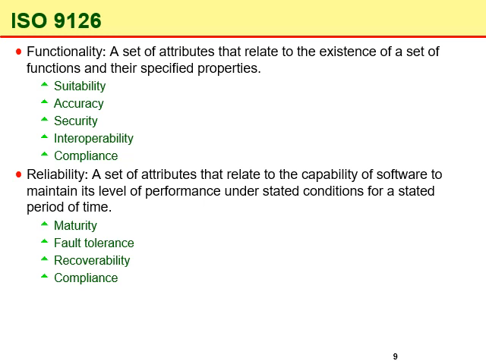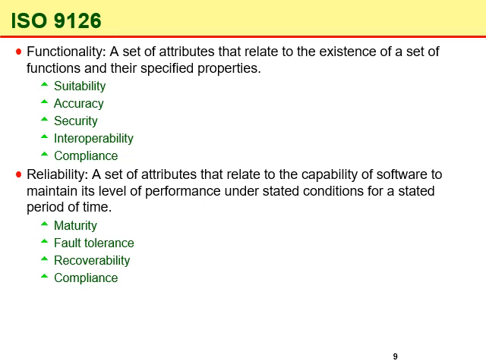By suitability, we mean the attributes of software that relate to the appropriateness of a set of functions for specified tasks. Accuracy is the attribute of software that bears on the provision of right or agreed results or effects. Whereas security is the attribute of software that relates to its ability to prevent unauthorized access, whether accidental or deliberate, to any programs and any portions of data.